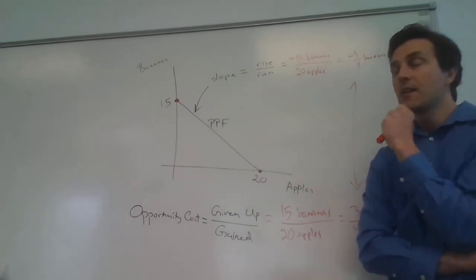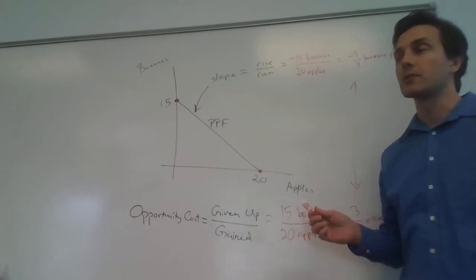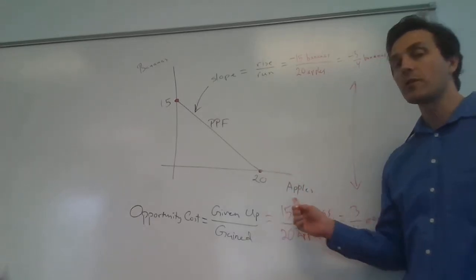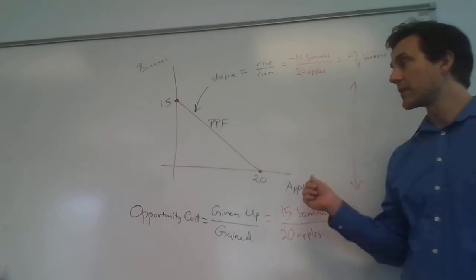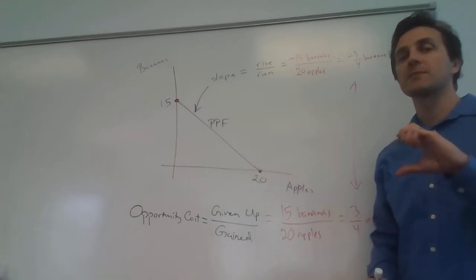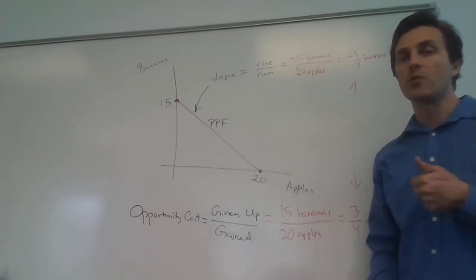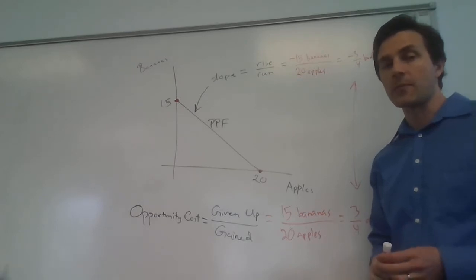Once you find the slope, taking the absolute value gives you the opportunity cost of that good. If you put it on the vertical axis, the slope you find would actually be the multiplicative inverse of the number you're looking for.